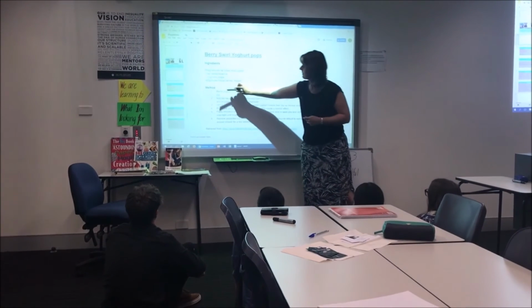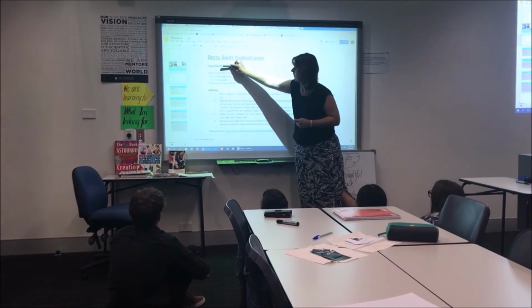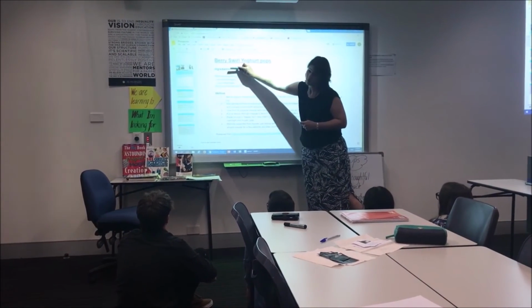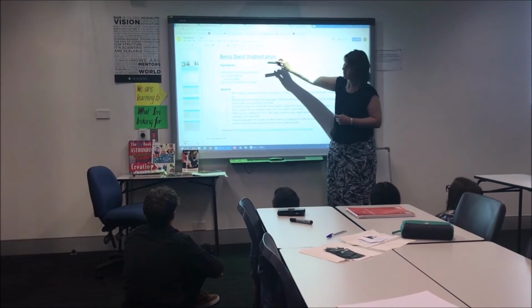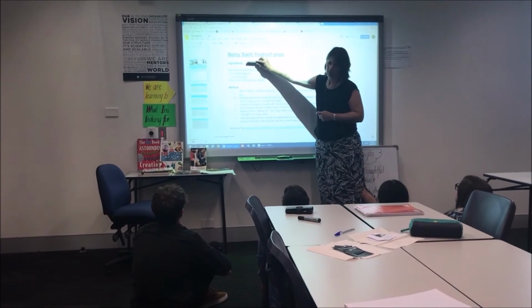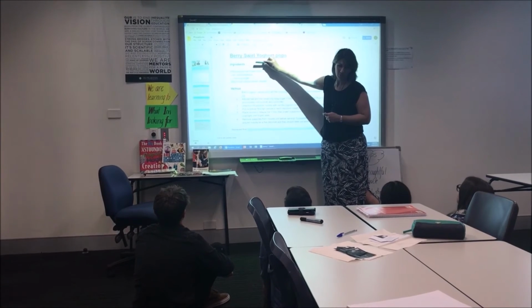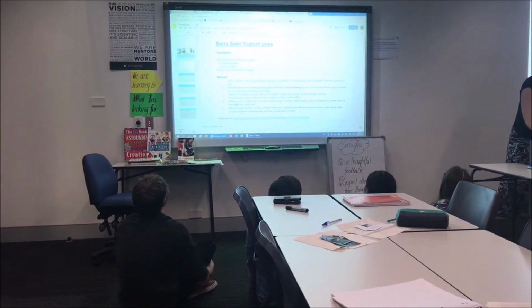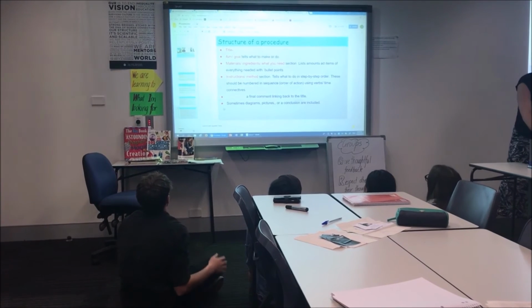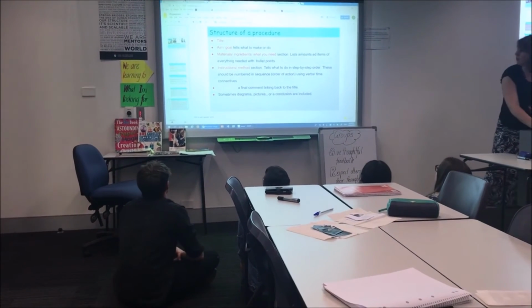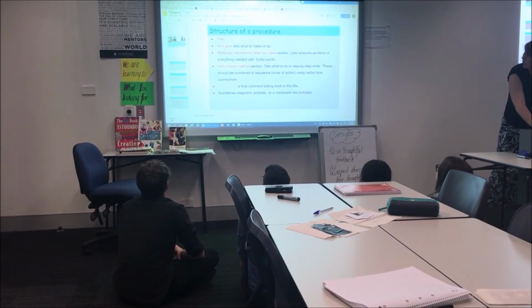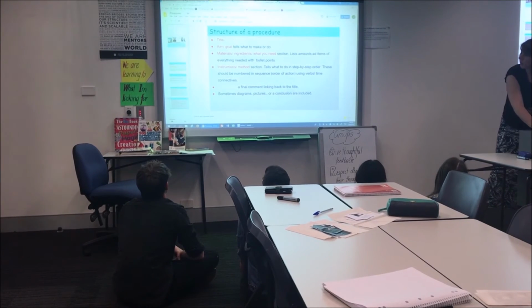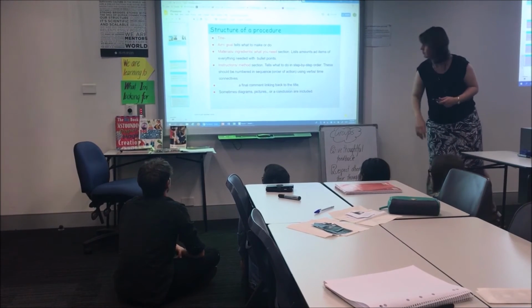Okay, so before we move on from the subheading for ingredients, sometimes procedures have things you need, that just says what you need. Or it might say, what else might it say? Materials. Materials, that's it. And sometimes it also has an aim or goal, especially if it's a science experiment like the ones we've looked at over here.